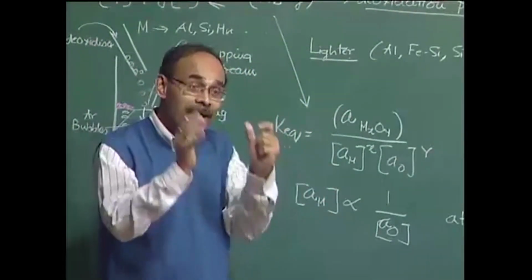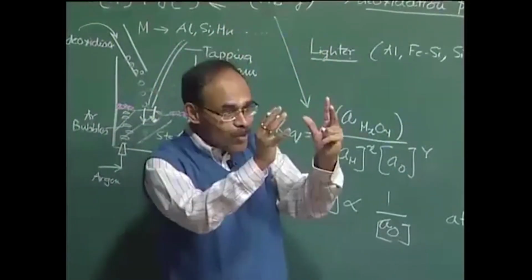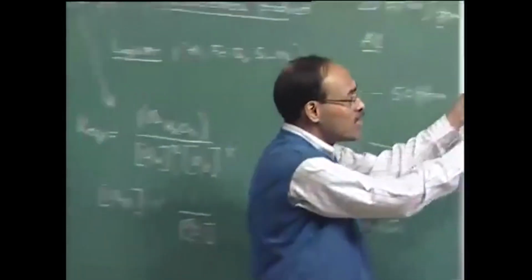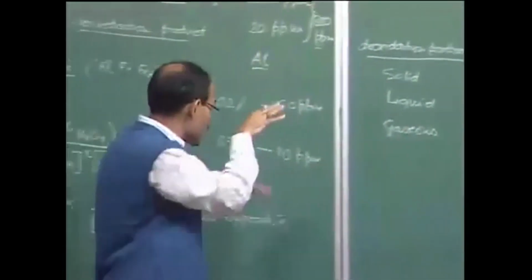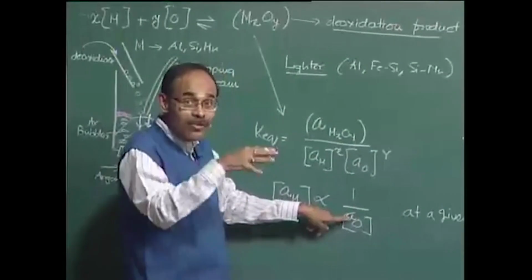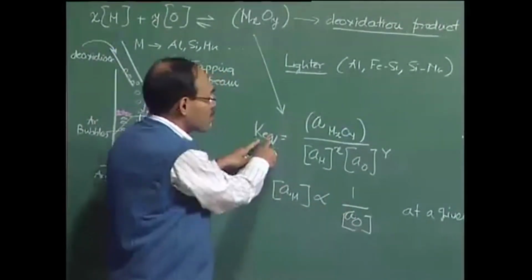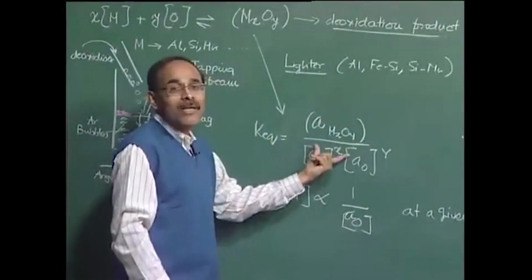So we have to find out that one part of the aluminum has reacted with oxygen and has gone into the slag phase, and the other part is lying in equilibrium and remains in the dissolved state, which has to be calculated on the basis of this particular expression.